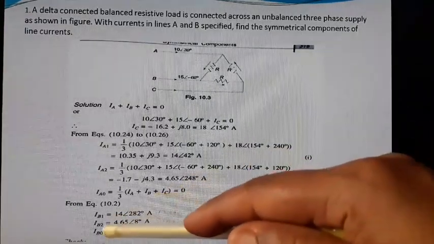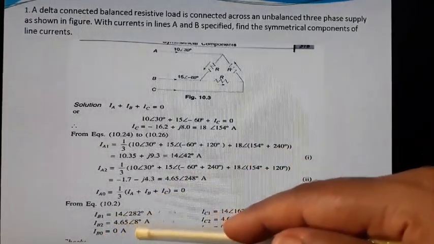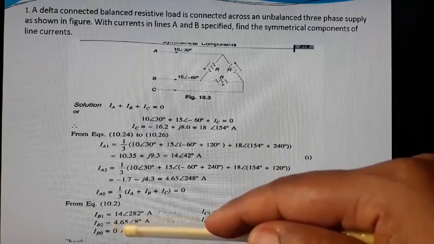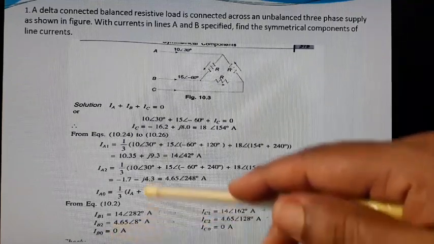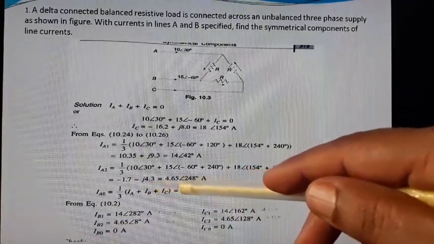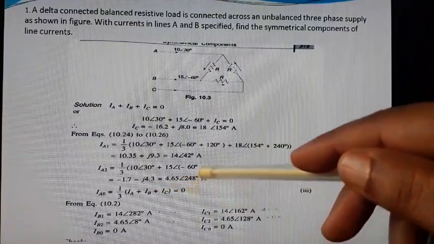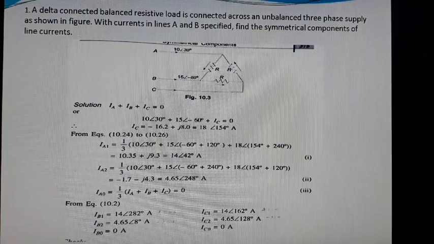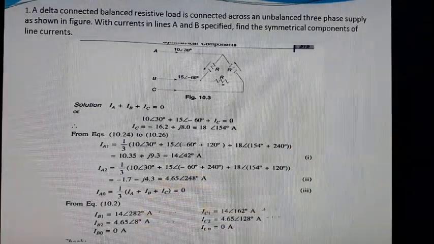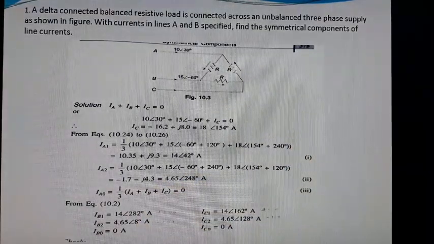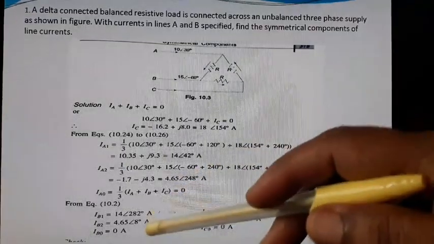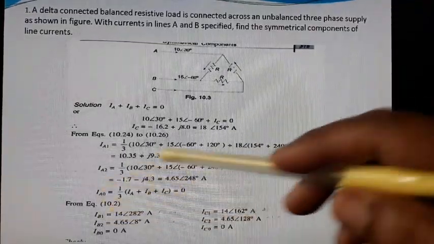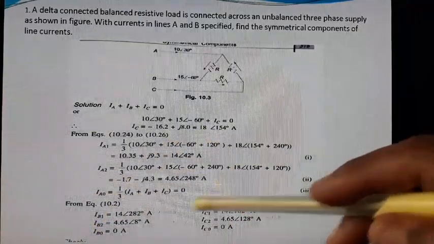And this is IB2 in terms of IA2, which is 4.65 at 248 plus 120, which is around 360, so it comes to about 8 degree. So like that we can find IB1 from the relationship between IB1 and IA1, IB2 and IA2, and IB naught and IA naught.